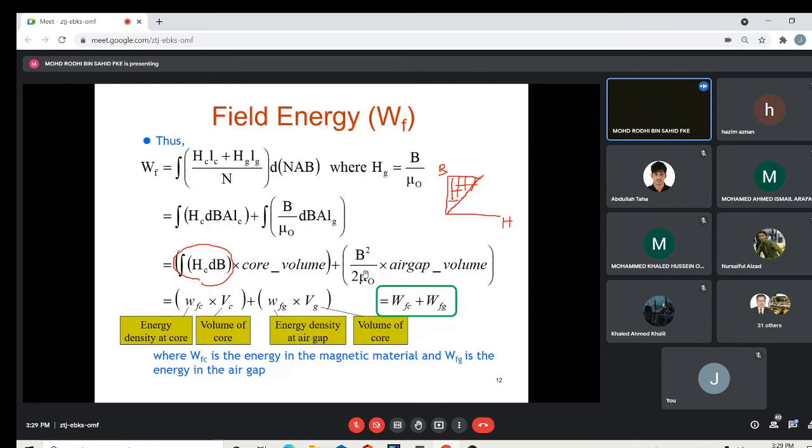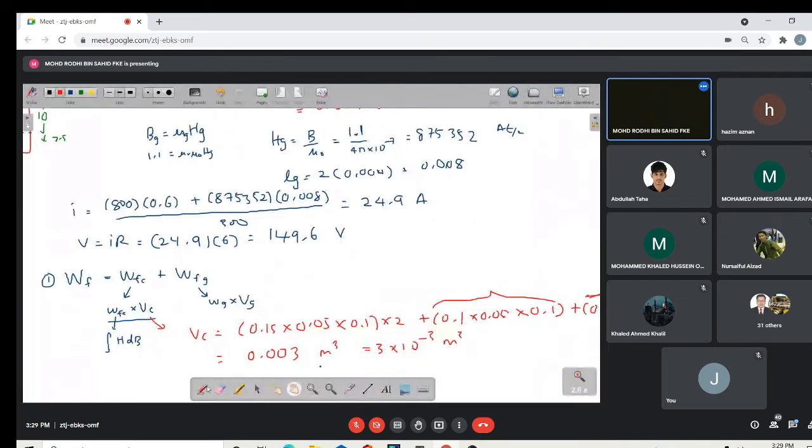So we can simply find WFD, the energy density of the air gap, equal to B squared divided by 2 mu naught. So what is B? 1.1 squared divided by 2 times 4 pi times 10 to the power of minus 7. What is this?